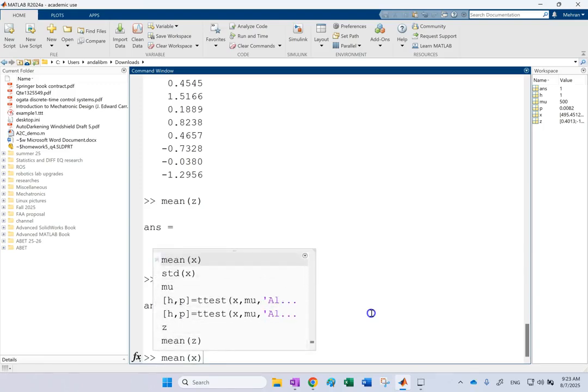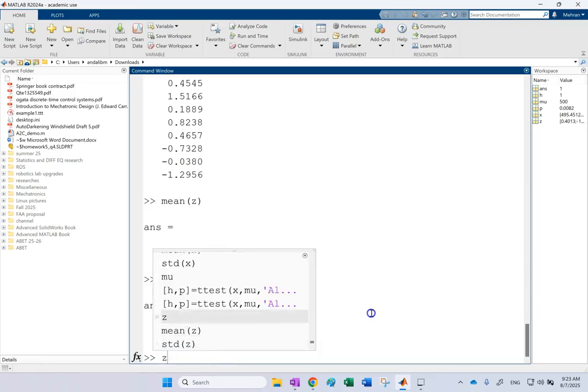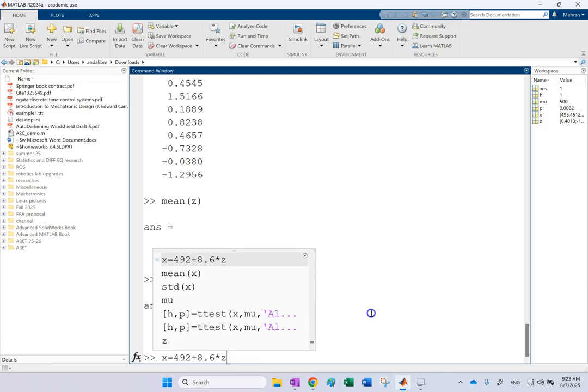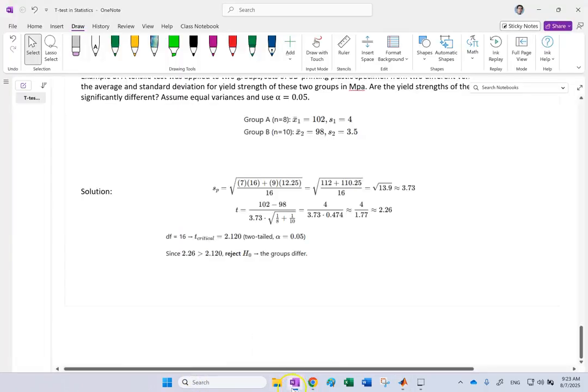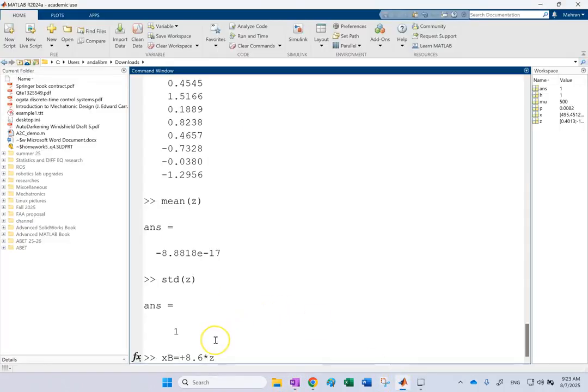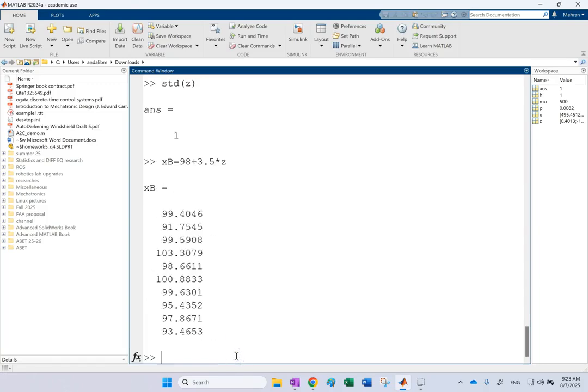So here I can go back and use this one here and say this is X of B. And as you just saw, I multiply by 3.5 and add 98. So let's go ahead and do that. So this is X of B. These are my data in specimen B.